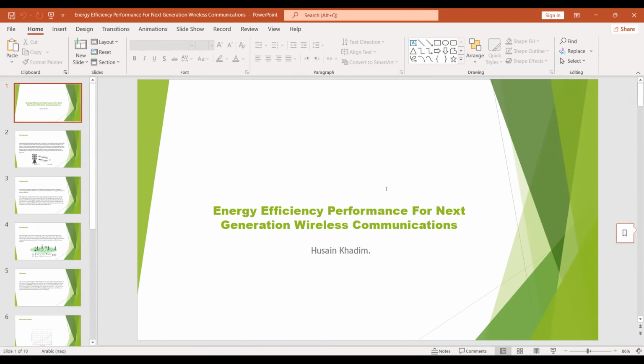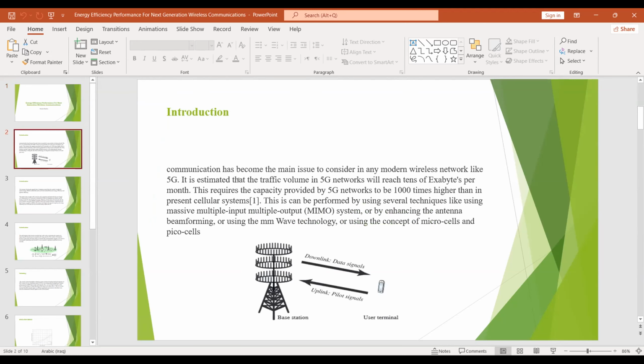We take the matter of energy efficiency as the objective for this study. So here in the introduction, we talk about the communications between the mobile station and the antennas used in the base station.